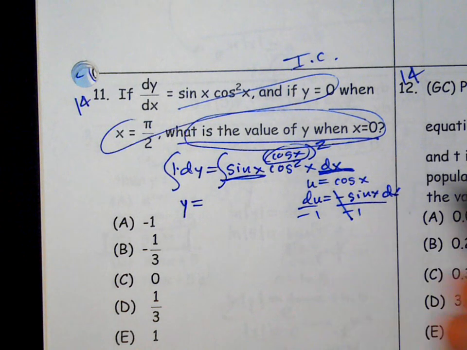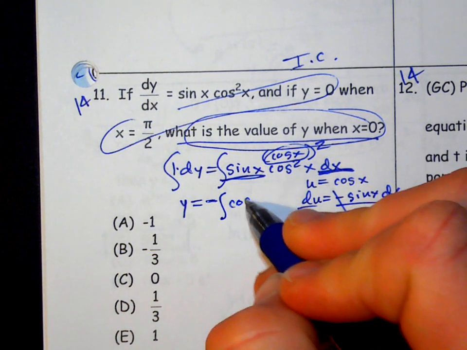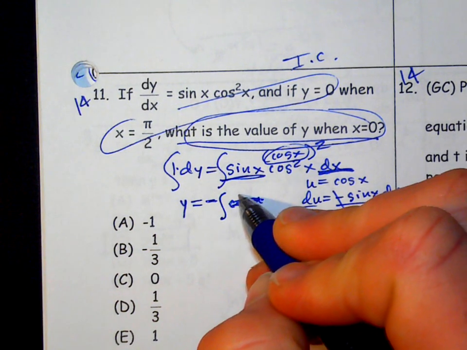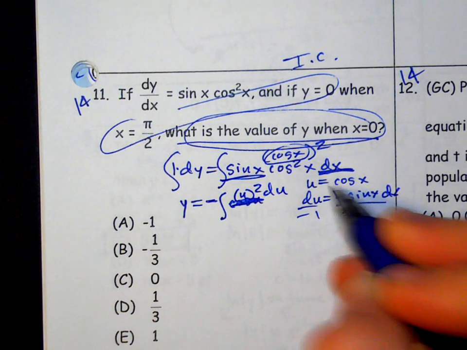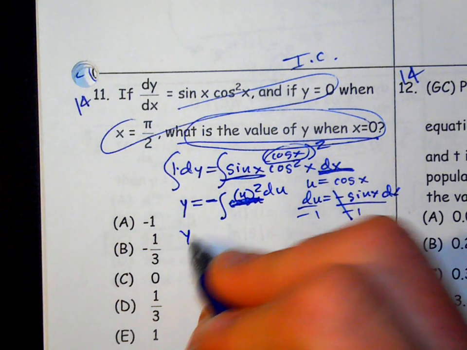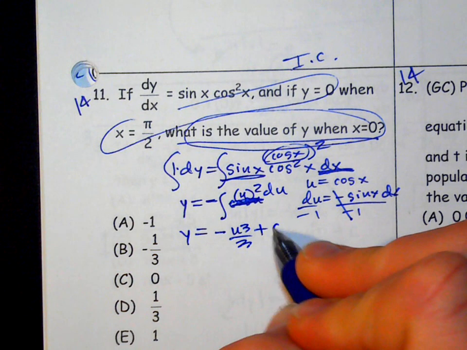So we're going to get negative u squared du. We're going to replace cosine x with u, and sine x dx is du.